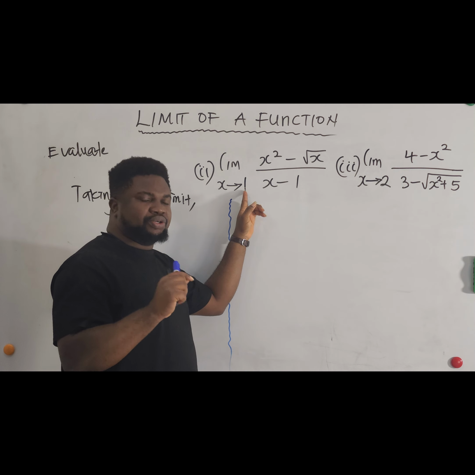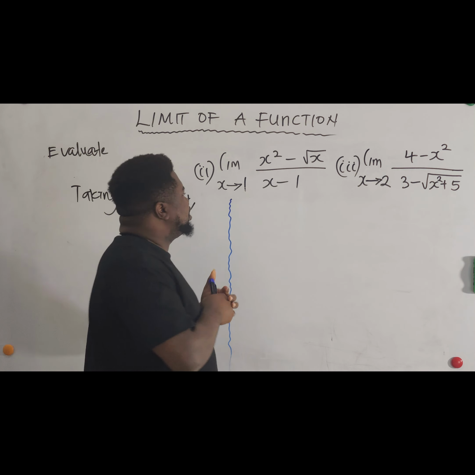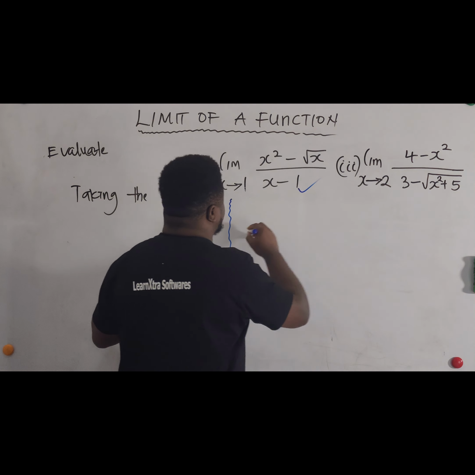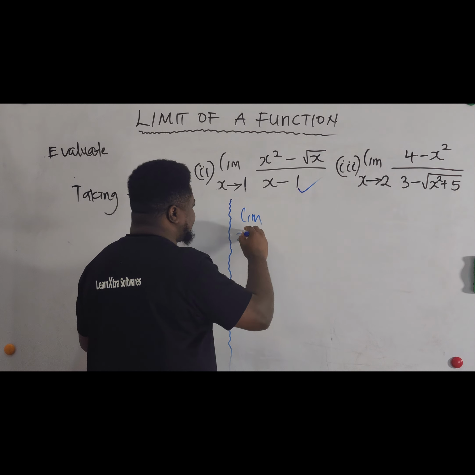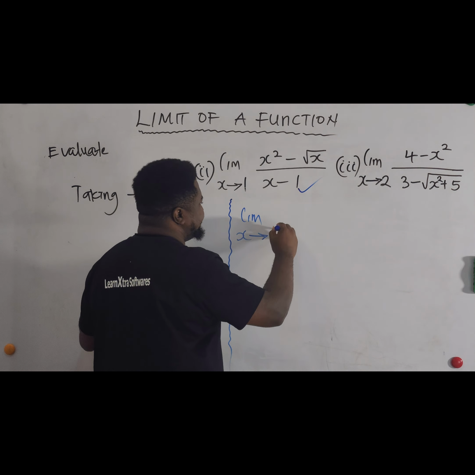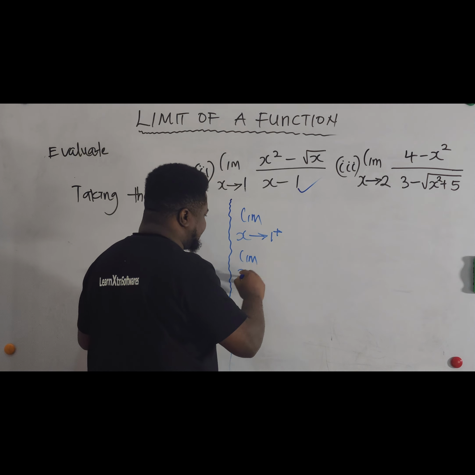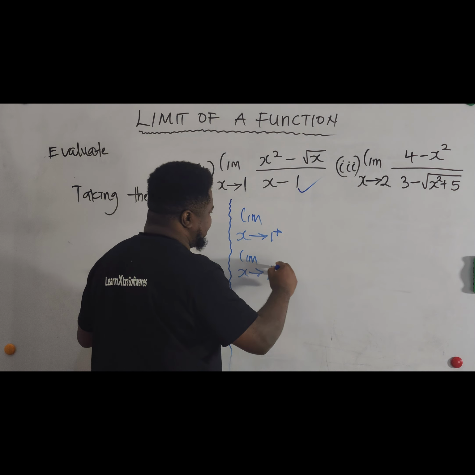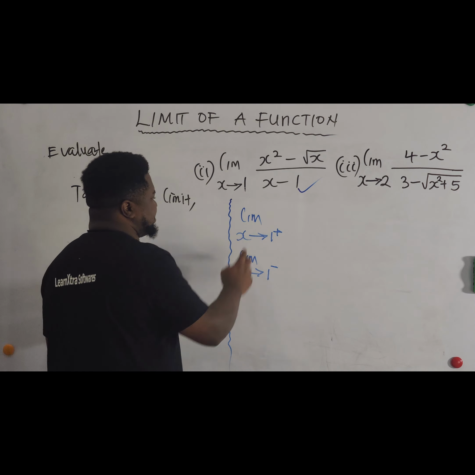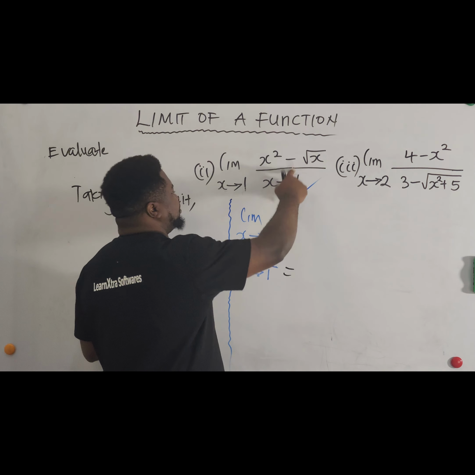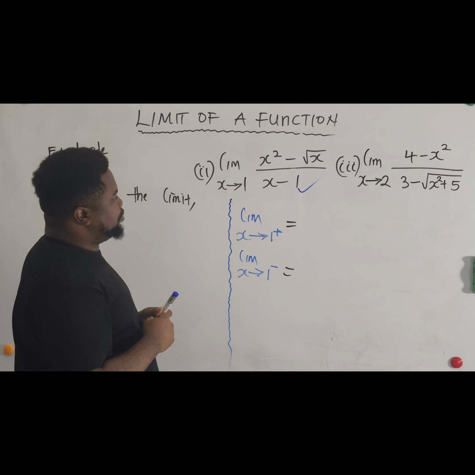Check our first video on limits. For this one, yes, it is possible to obtain the limit as s goes to 1 from the right, and also the limit as s goes to 1 from the left. These two things are possible to obtain from this function.